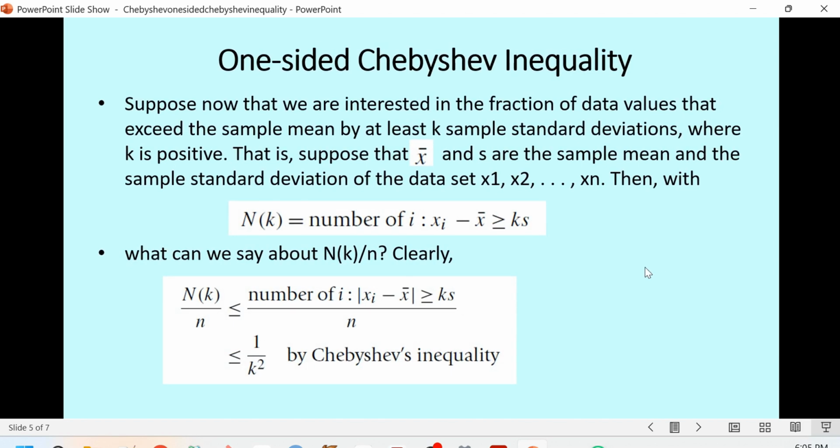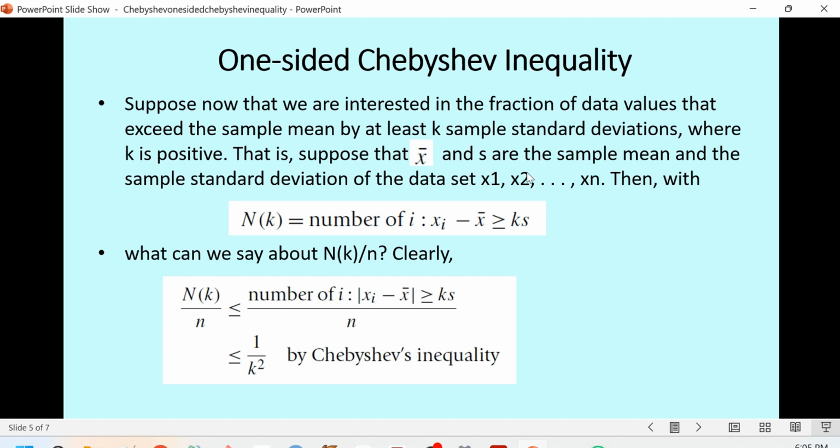And another question is, suppose that we want to know the fraction of the data that exceeds k sample standard deviations around the sample mean. This is the opposite case, because in Chebyshev's inequality we state at least how much percent of the data lies within k standard deviations around the mean. But here we want to know how much percent of the data lies outside k times the standard deviation around the mean.